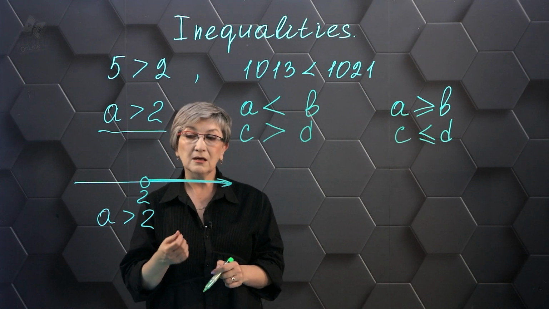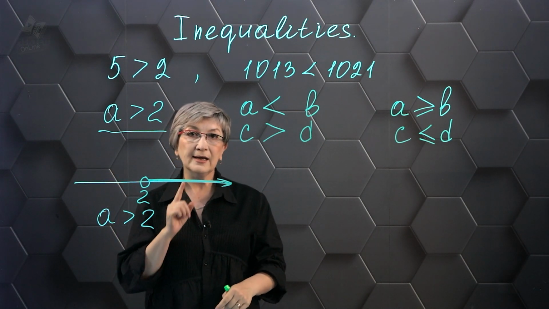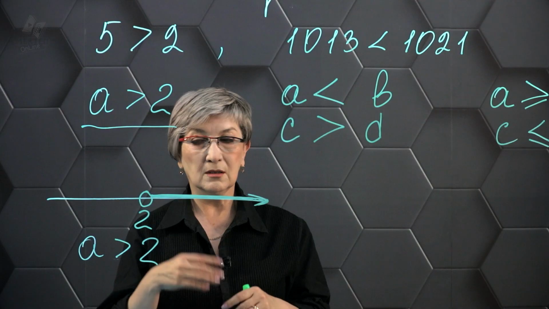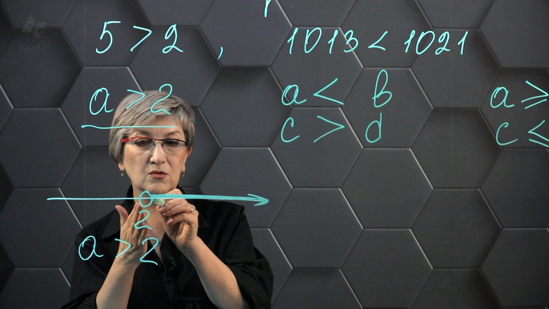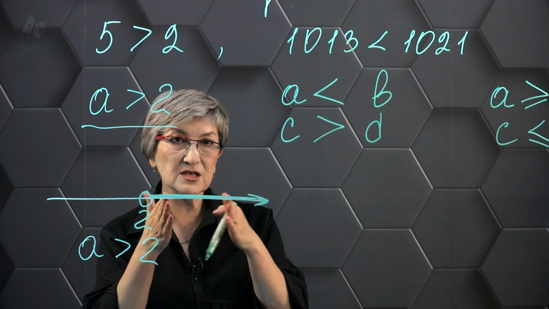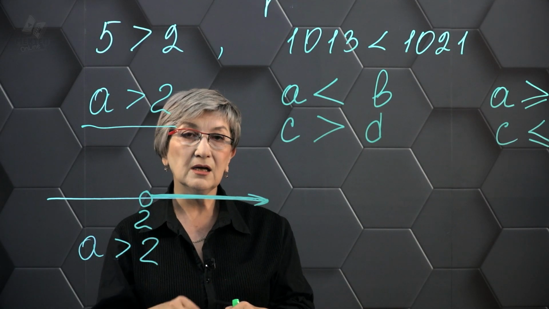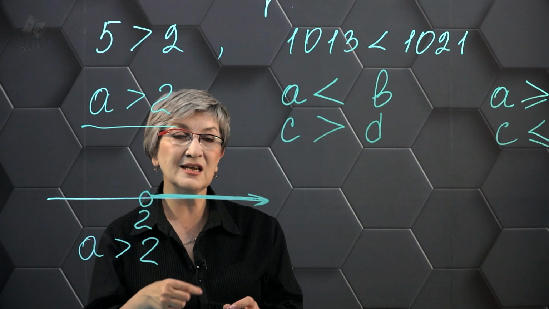But this answer can be shown on a coordinate line, as we did. Or it can be written as an interval. And that's what we're going to learn how to do now. If I say that the solution to this inequality is all the numbers that are to the right of 2, then we can write the solution in the following form as an interval.